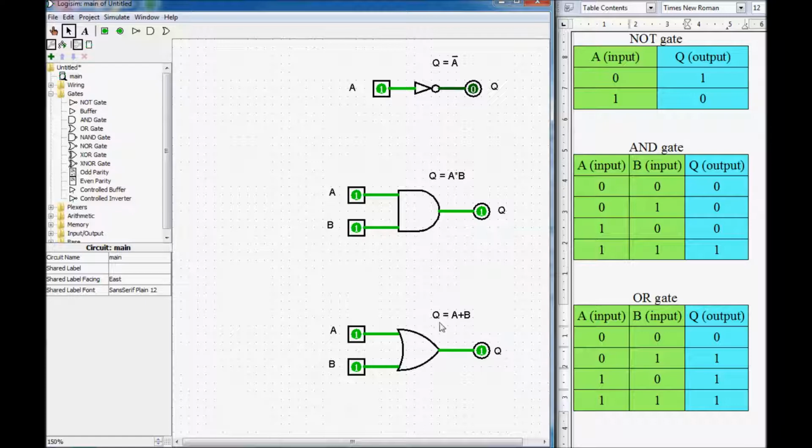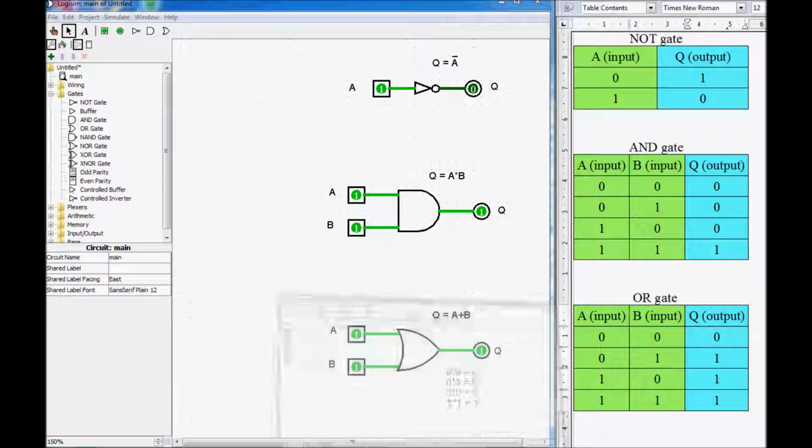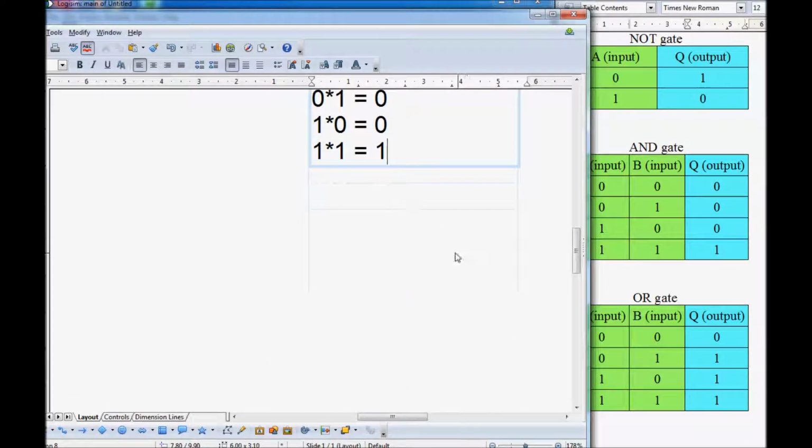And also, as before, I will show you a simple way how we can memorize these values for output column for OR gate. And in this case, we have to think like this. We have to remember this plus sign, and we have to remember our inputs. And the principle is the same as it was with AND gate.